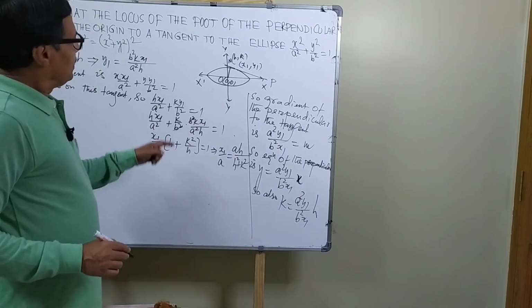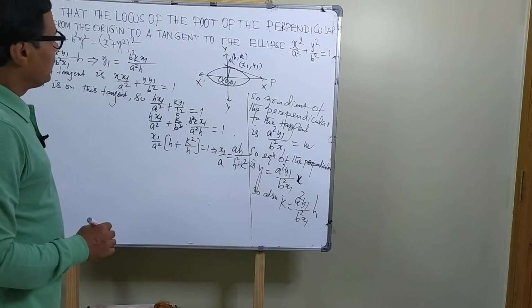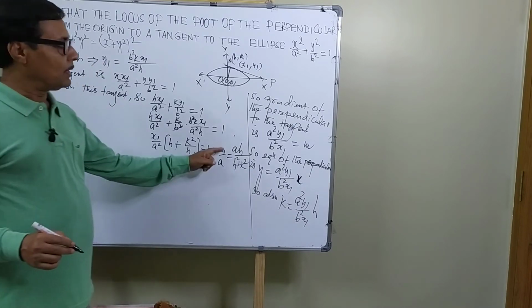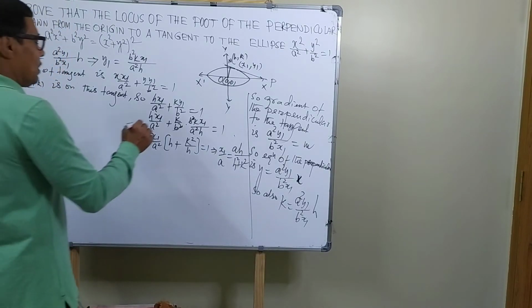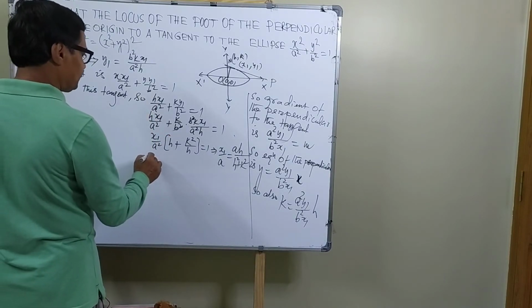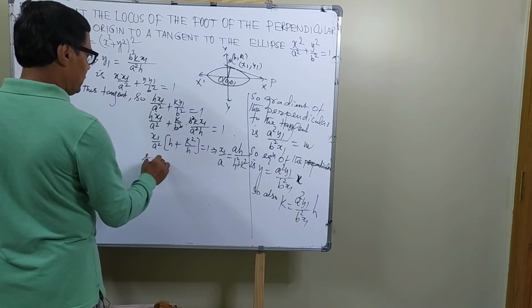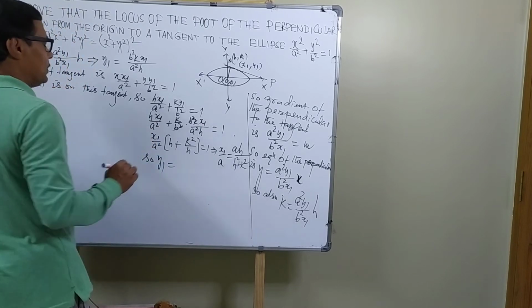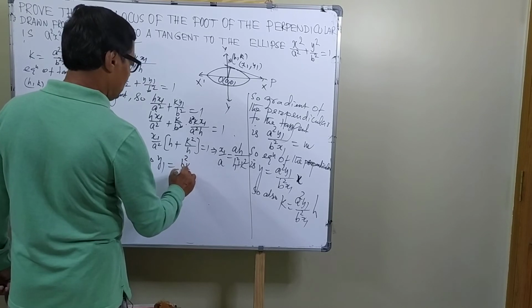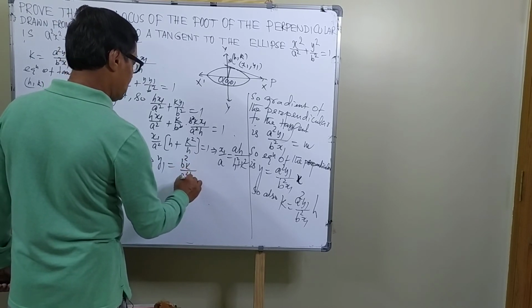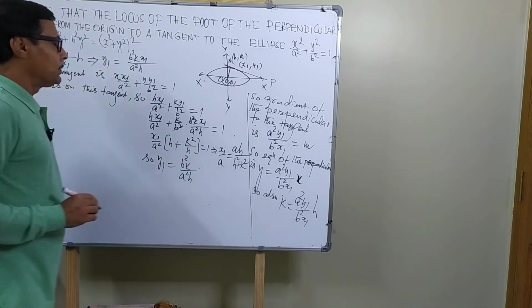And also we can get the value of y1 by applying the value of x1. So y1 equal to b square k over a square h multiplied by x1.